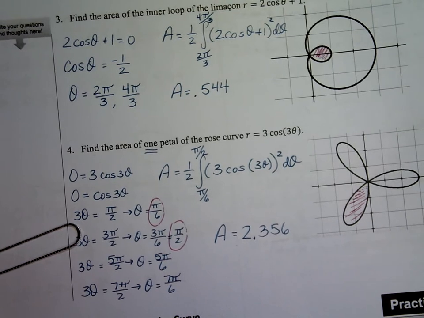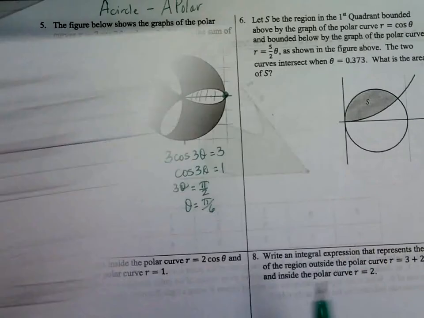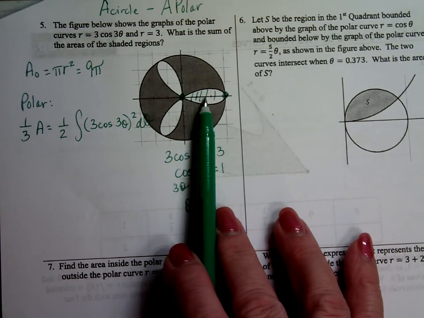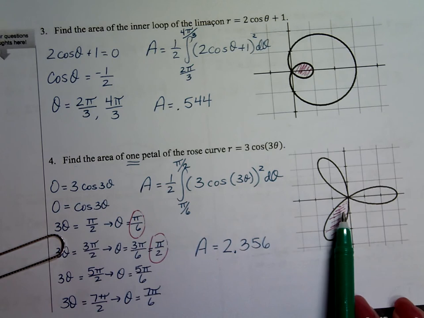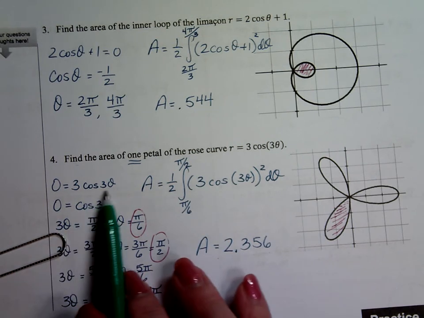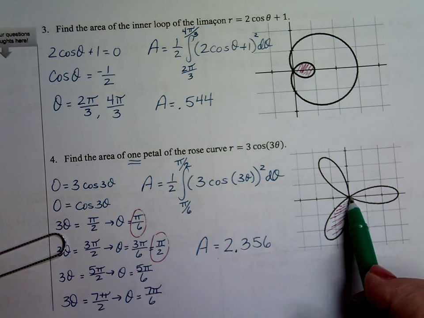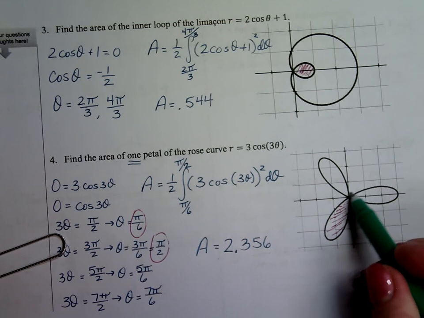You see how this is the same rose petal as what we have for this guy? I think I want to look at, so 3 cosine of 3 theta equaled 0. I was looking for this point. So maybe that's what I want to do, is not be looking for this guy out here, is looking for this center point instead for this problem that we're into right now.